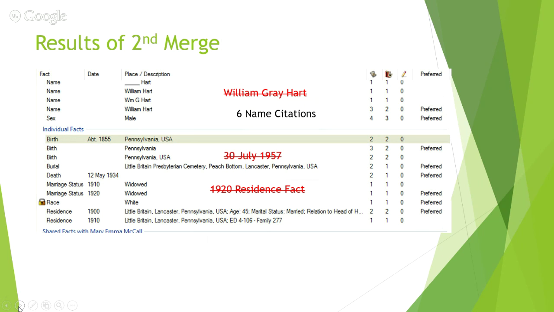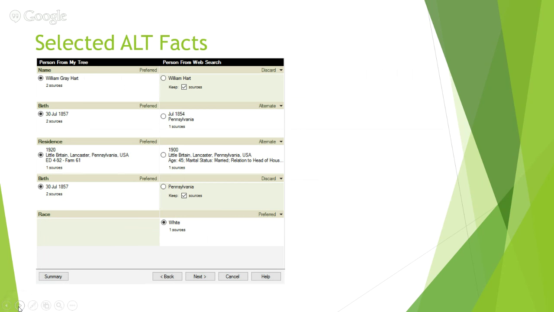Anyhow, let me go back and show you what I would have done and the result of what I would have done normally. So there is the screen of the web merge when I made my choices. I want to point out this one because this is the name fact where the census record says his name was William Hart.